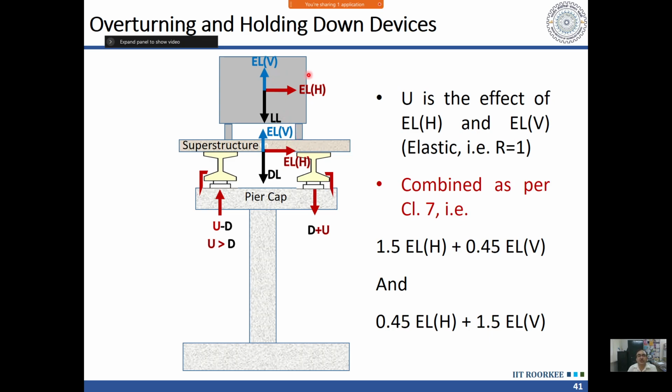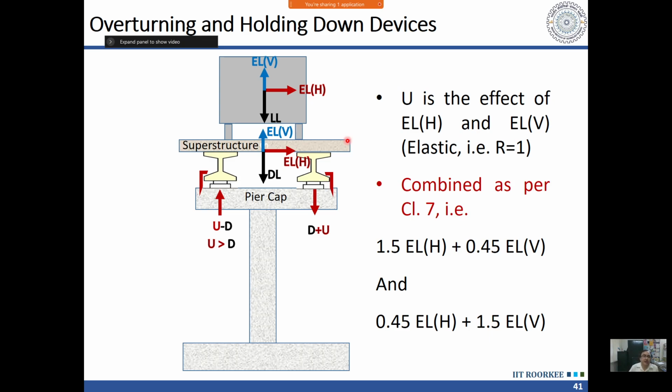In my opinion, the overturning force should be calculated due to dead load and live load both, because at the time of earthquake there is a possibility that a train may also be on the bridge, and because the CG of the train is quite high above the bearings, there will be a significant overturning effect. So to take care of that, we should calculate the earthquake force due to dead load as well as live load.